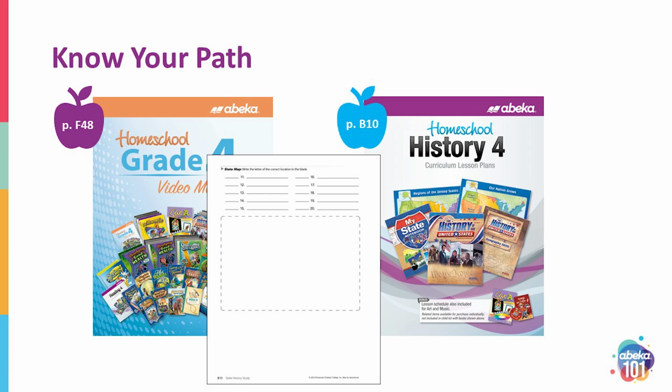On the back of this first quiz, there are places for a map. One of the things that students are going to learn in the first several lessons of the state history study is map locations in your state. Well, you're going to be deciding along the way which cities are most important for your student to be familiar with, which rivers or mountains or deserts or whatever other landforms and waterways are in your state.